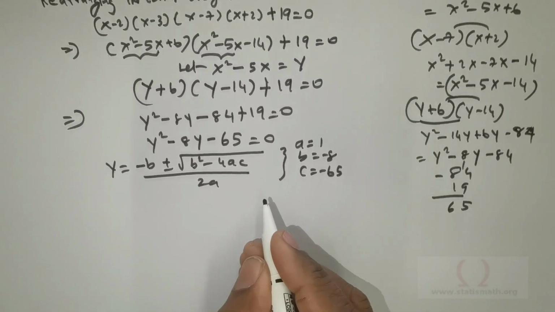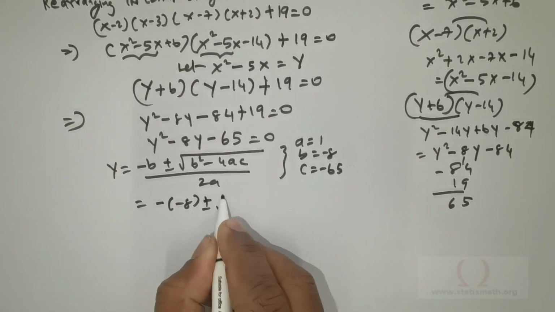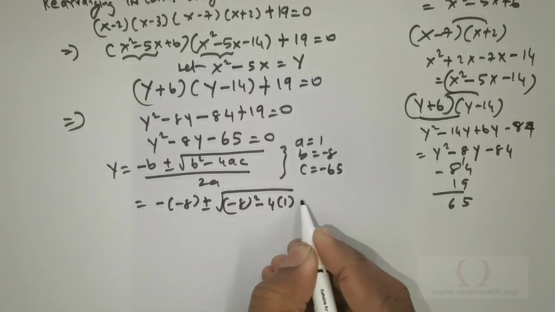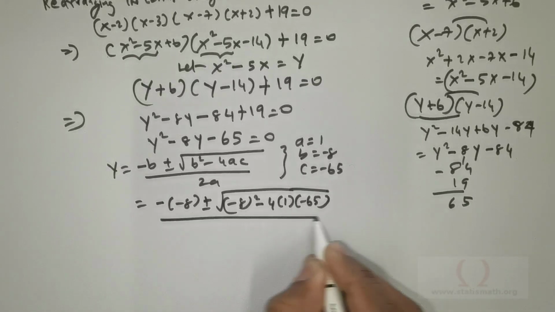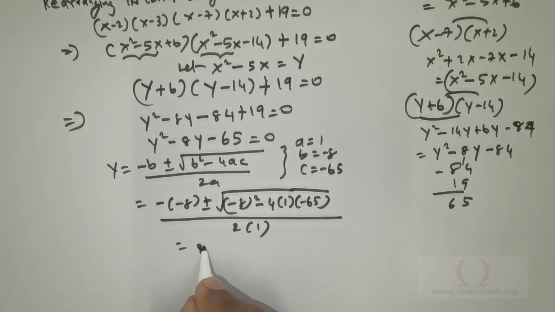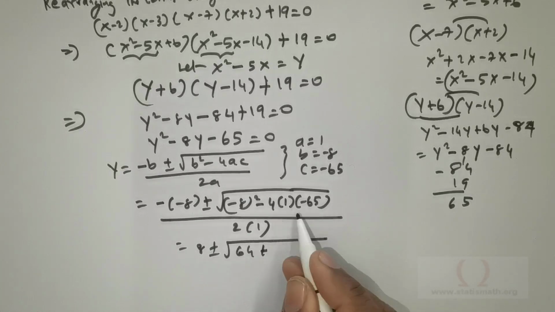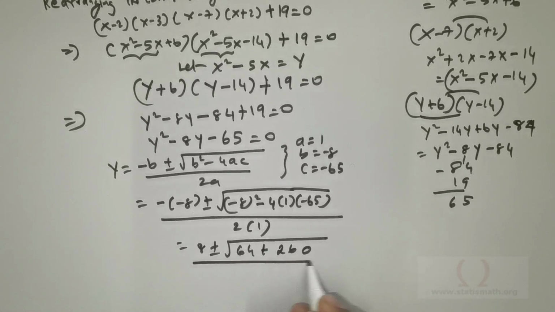So this is equal to negative of -8 plus or minus the root of (-8) squared - 4 times a times c, which is -65, divided by 2 times a, which is 1. So this would give me 8 plus or minus the root of 64 + 260, divided by 2.